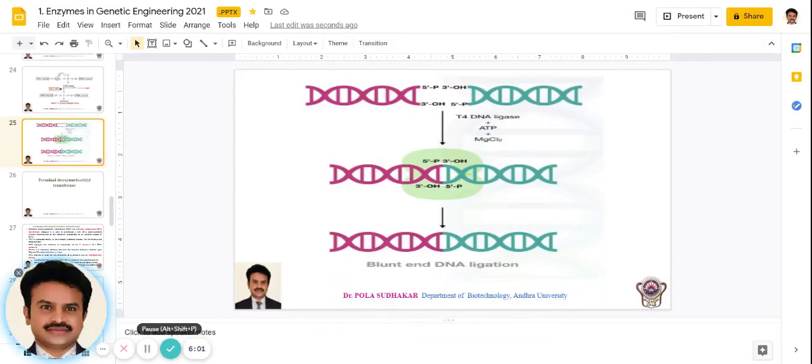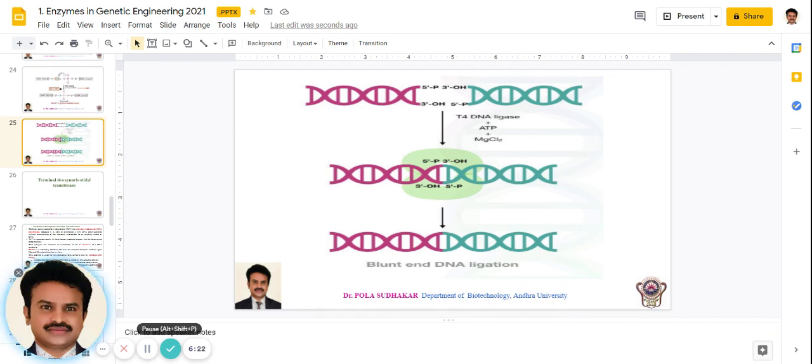Next, ligation of DNA molecules with blunt ends. Fragments of blunt-ended DNA can be ligated, but since there is no base pairing to hold fragments together temporarily, concentrations of DNA and ligase enzyme must be high.